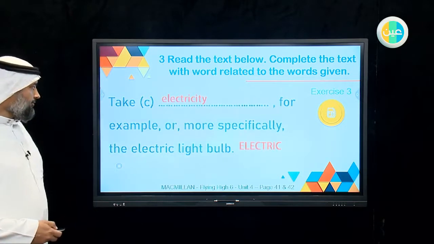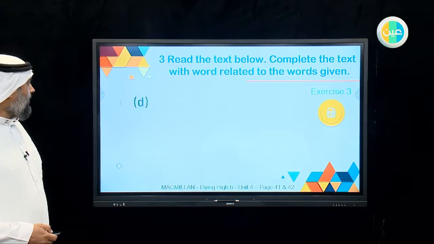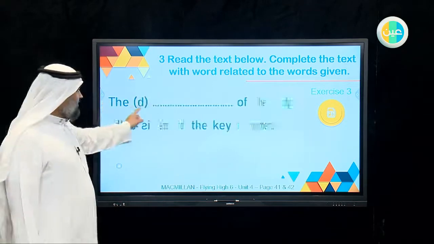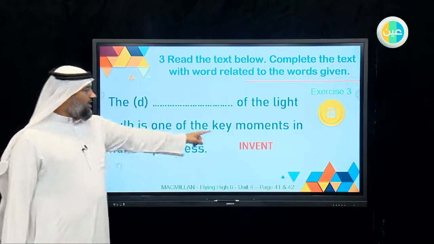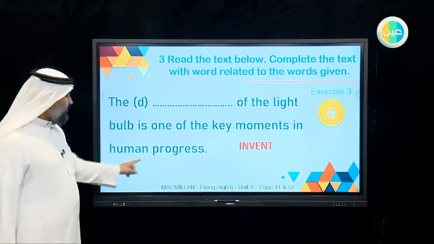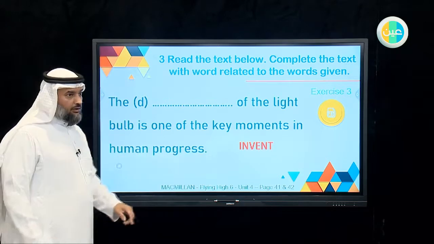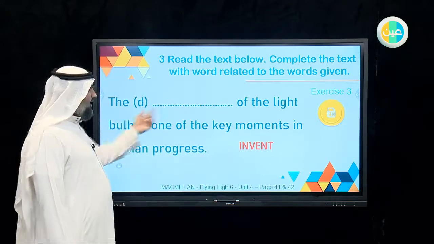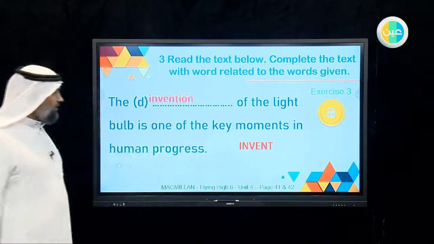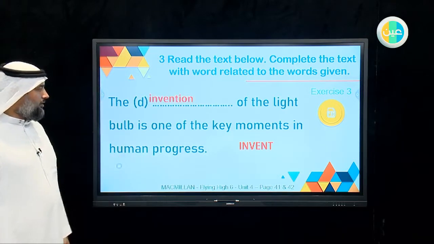Light bulb. The space of the light bulb is one of the key moments in human progress. So he said invent. What do you think? The invention of the light bulb.